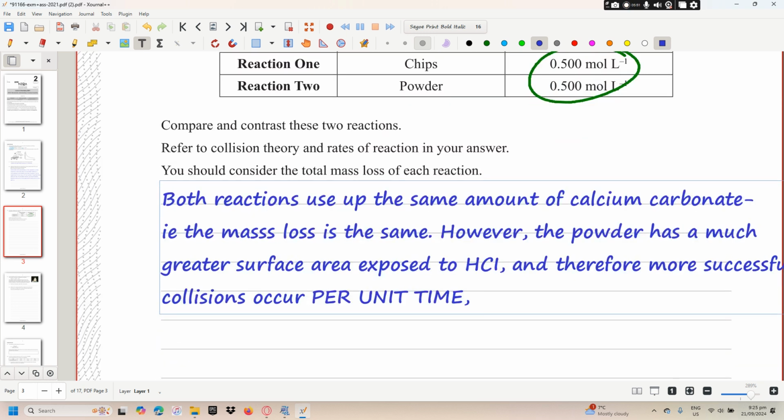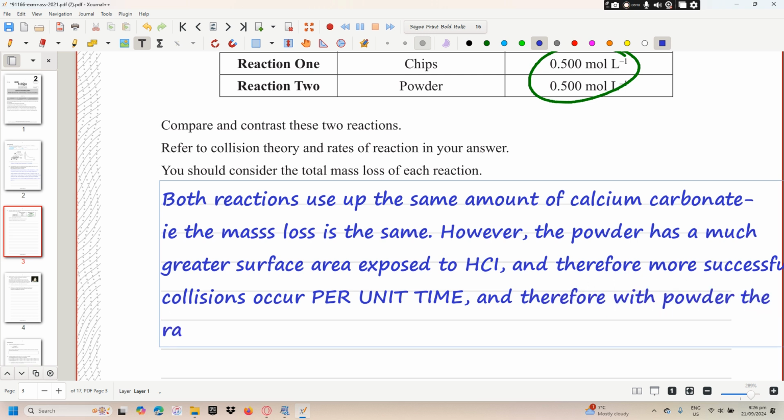Per unit time, you know, successful collisions per second, per minute, per whatever. Overall, the same amount of successful collisions occur in both reactions, because the same reaction occurs, but reaction 2 occurs quicker. This is the distinction between merit and excellence, right? More successful collisions occur per unit time, and therefore with powder, the rate of reaction is quicker.